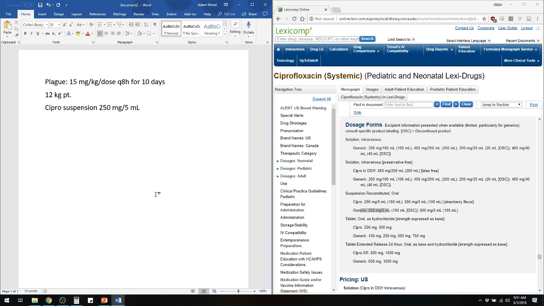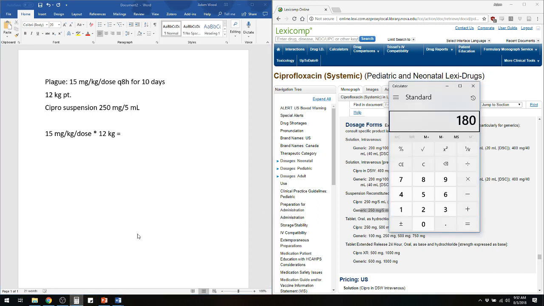So what's my first step? I'm going to do 15 milligrams per kilogram per dose times 12 kilograms. 15 times 12 equals 180. That equals 180 milligrams per dose. Now, do I divide by 3?